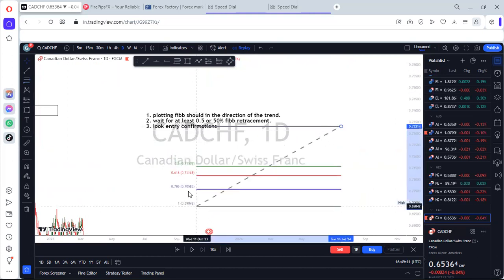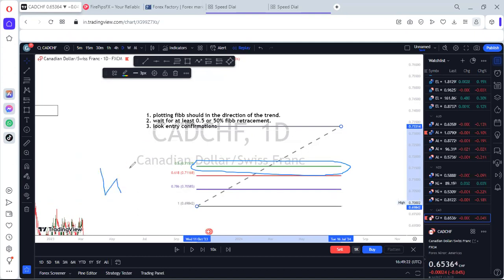This is the 50% right here. So at least wait for it to retrace back to this zone. Then you look for candle confirmations, anyone you like to wait for, right? Look for those candle confirmations.